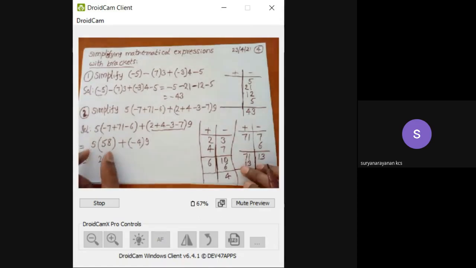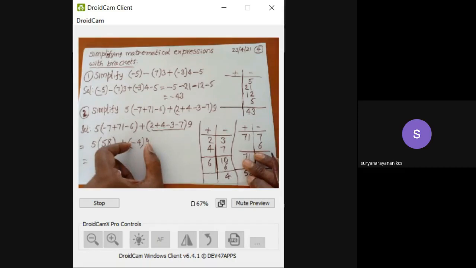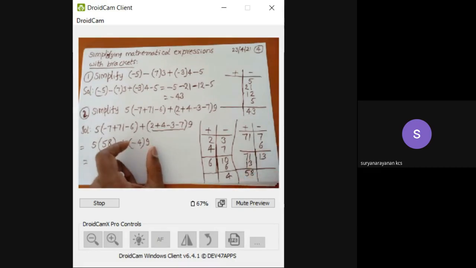So we multiplied these 2 numbers. We simplified these 2 numbers and we wrote it as one single number. Very good, Janesh. Now come to the second here. Plus into minus. So first we multiply these 2 numbers. What will you get here?